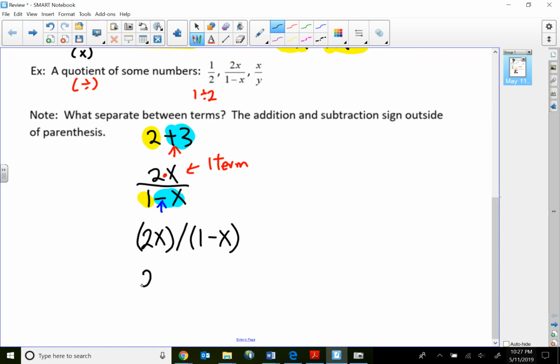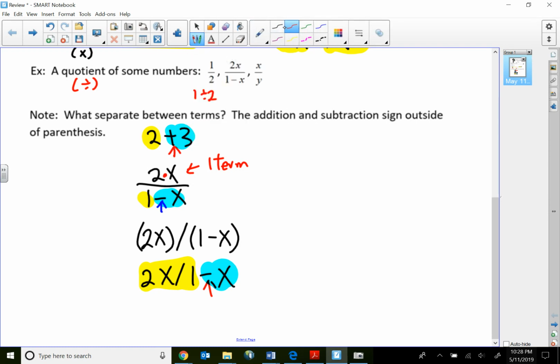If I simply key in 2x divided by 1 minus x, with the subtraction sign outside the parentheses, what I key in is basically two terms. 2x divided by 1 is one term because division between anything is one term, and the negative x is the second term, which is completely different from what we really wanted to express, which consists of only one term.